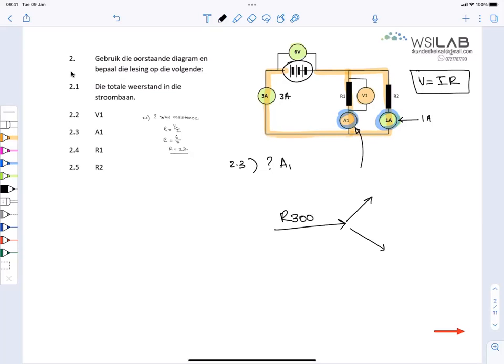You bought 2 things. The one thing was 100 Rand. What was the other thing that you bought? 200 Rand. It's exactly what happened there. We had 3 amps. And it's split into 2 parts of the circuit. So we started off with 3 amps. And the one section is 1 amp. So this section must be 2 amps.